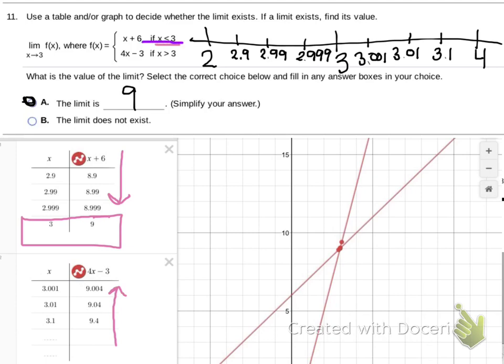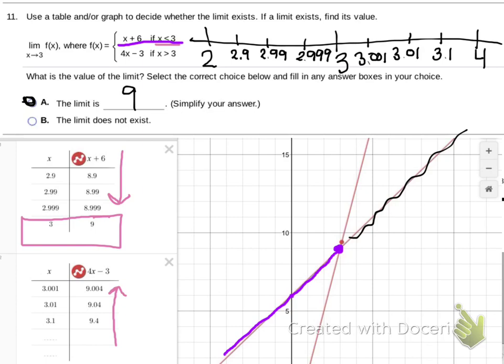Let's try this one in purple. So x plus 6 would be here. There's the y-intercept. So less than 3 would be here. Those are all the x values less than 3. And the 3 is included. What that means is the continuation of this graph is not defined on that part.